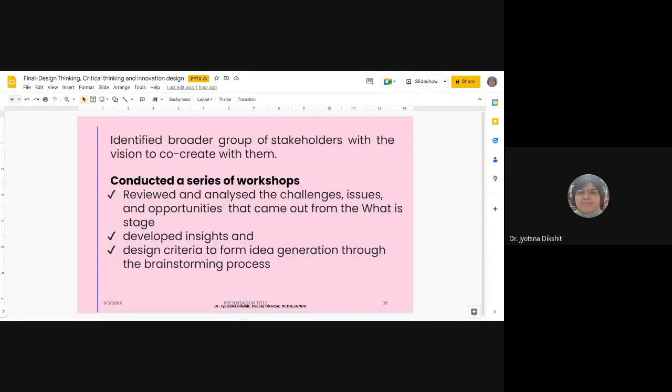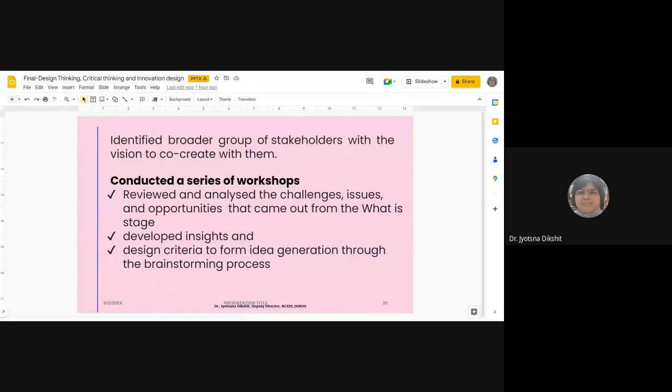So what happened is that the design agency identified a broader group of stakeholders like public officials, volunteers, experts in elderly issues, kitchen workers and employees of residential care facilities. And they had the vision to co-create the solution along with these stakeholders.